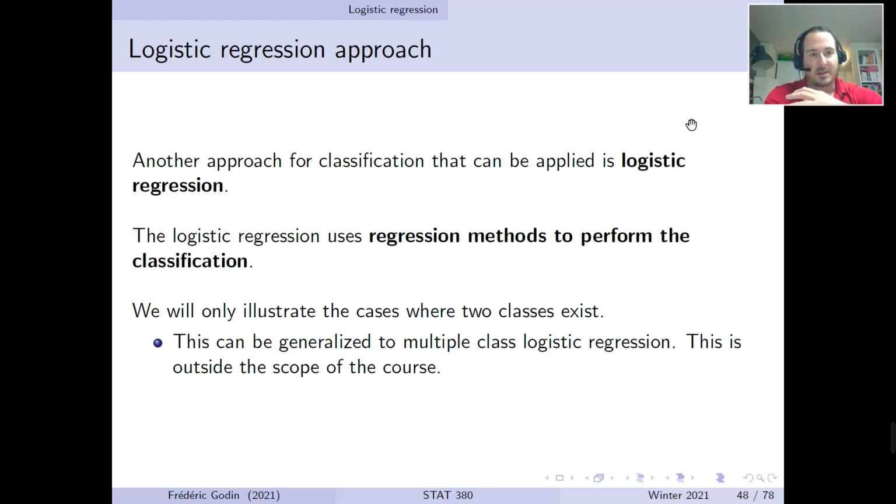For simplicity, in the course we'll only illustrate the case where two classes exist, 0 and 1. The case with more than two classes also exists and is developed in the literature, but due to lack of time, we won't cover it.